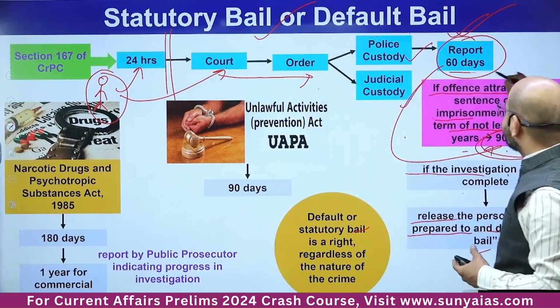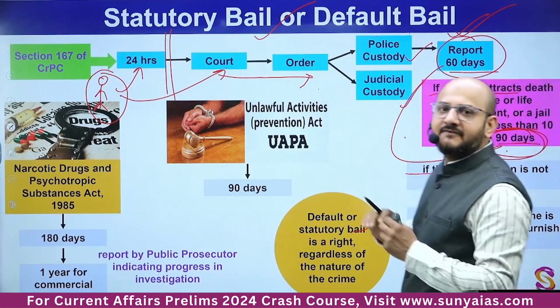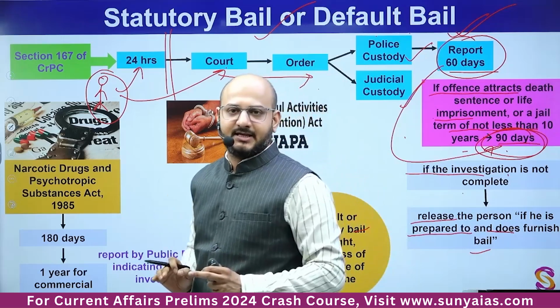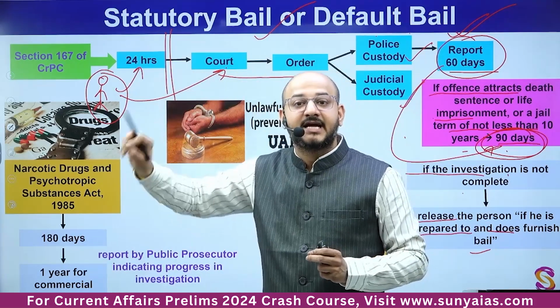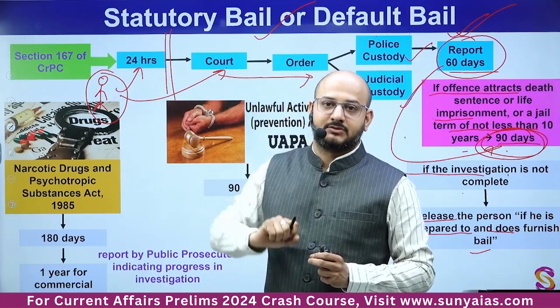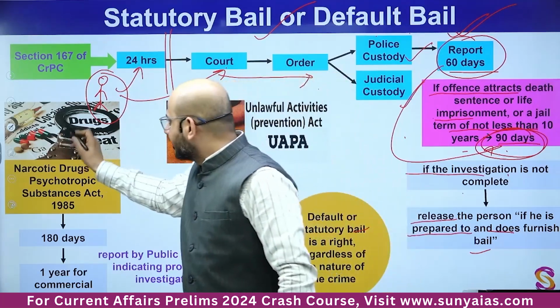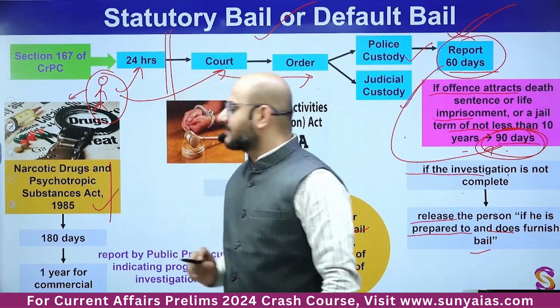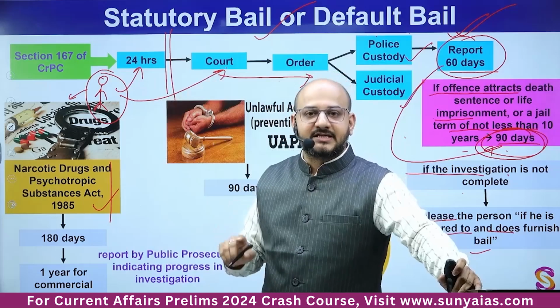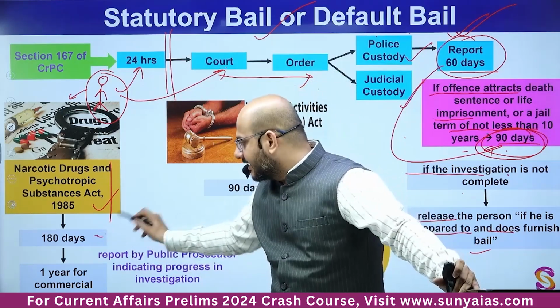This time period of 60 days or 90 days is for an ordinary case. In different circumstances it can be increased to 180 days and even beyond that, up to 1 year also. If an accused is found under the Narcotic Drugs and Psychotropic Substances Act 1985, in that case a 180-day period will be there.